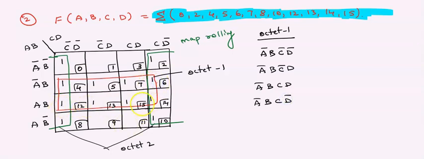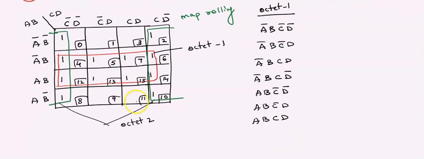Okay, now this row, this column. That is A B, C complement D complement, again A B, C complement D, again A B, C D.